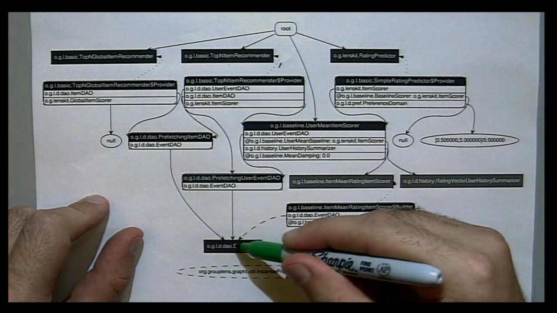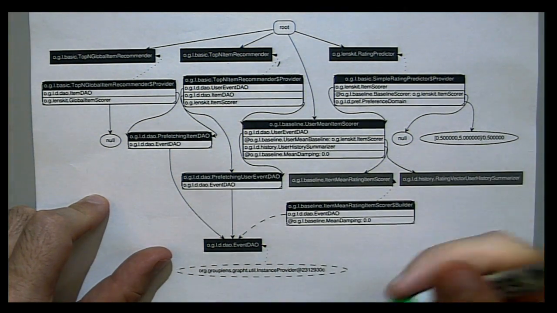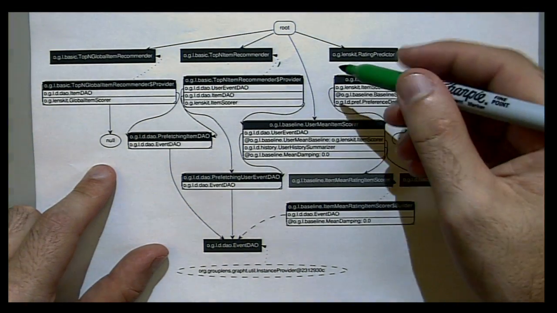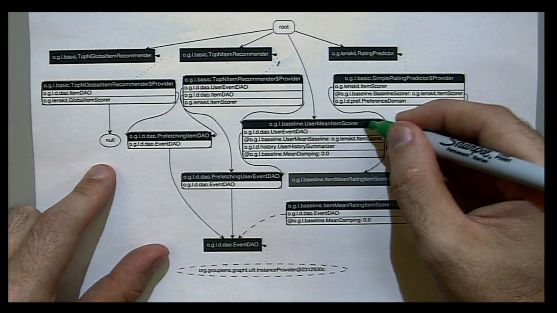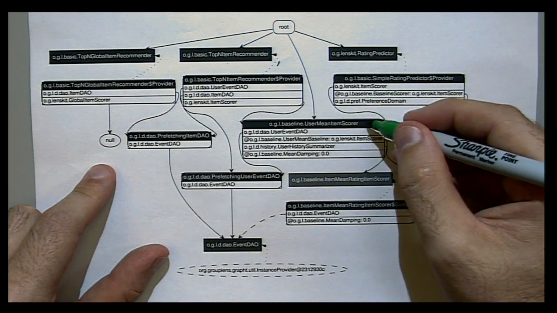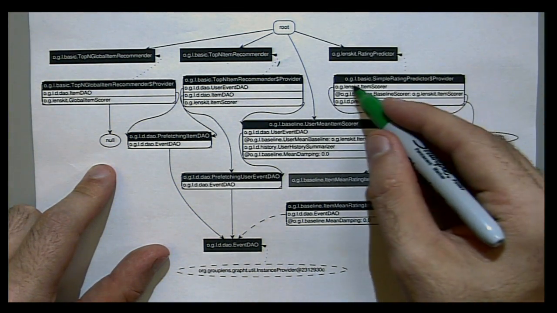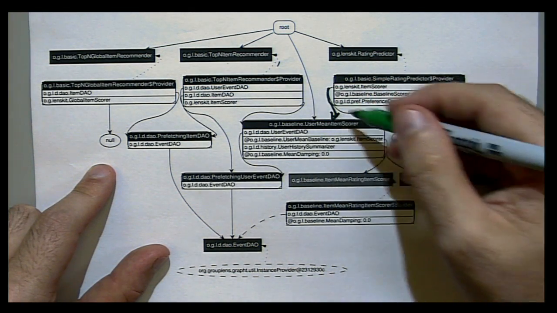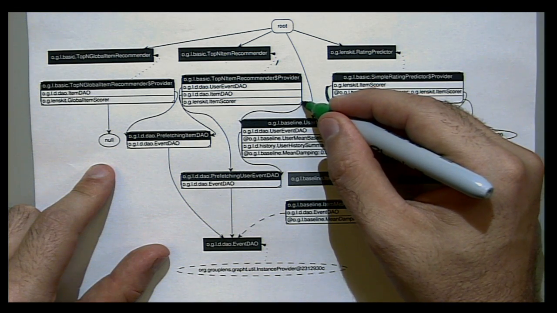They in turn use the event DAO, which has this provider just from the code that draws these diagrams. But the ItemScorer is the one we configured, the user mean ItemScorer. It's depended on by the root, but the simple rating predictor provider depends on the user ItemScorer. You can follow that arrow, as does the TopNRecommender.